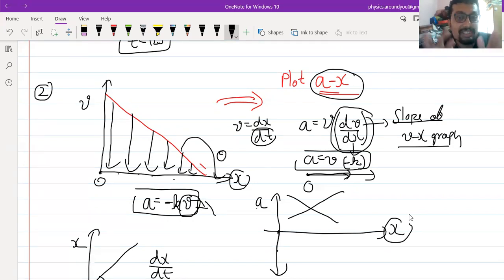You already have the answer staring at you on the screen. How is velocity depending on x? No, because there again a enters. I need velocity on the LHS, x on the RHS, something like that.